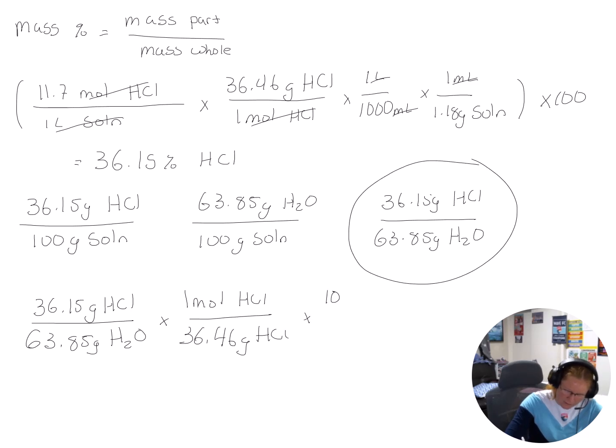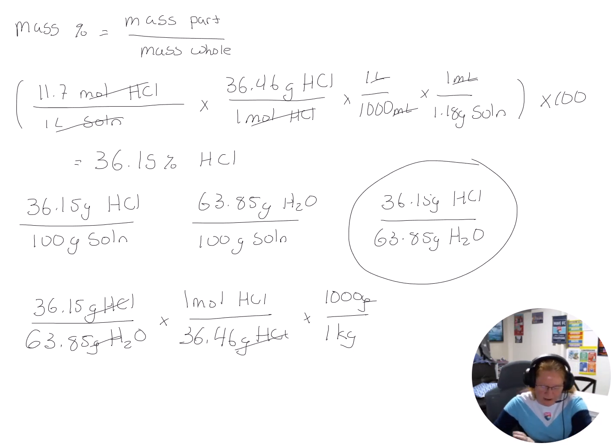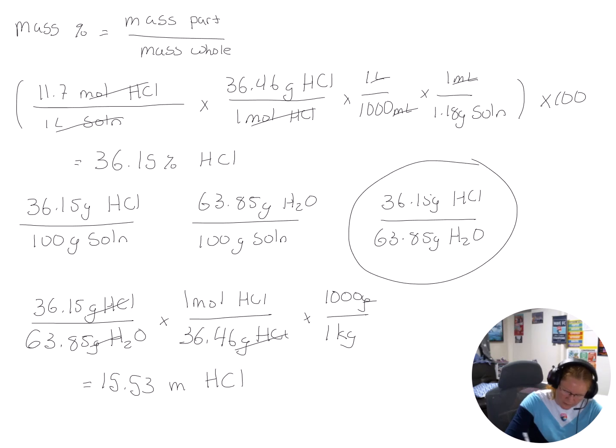And I have 1,000 grams for every 1 kilogram. So my grams of hydrochloric acid cancel and my grams cancel. So do I have moles of my solute over kilograms of my solvent? I do. And so we're going to get 15.53 molal hydrochloric acid. Okay?